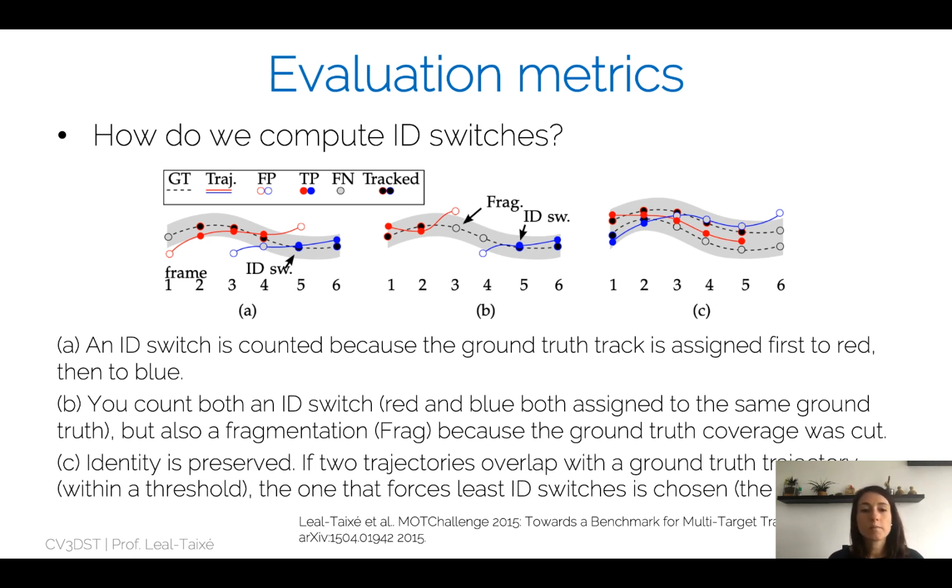And in the last scenario, the identity is actually preserved even if two trajectories overlap with one ground truth trajectory. So if this happens and both predictions stay within the matching threshold, then we're going to choose the one that allows us to have the fewest ID switches possible.